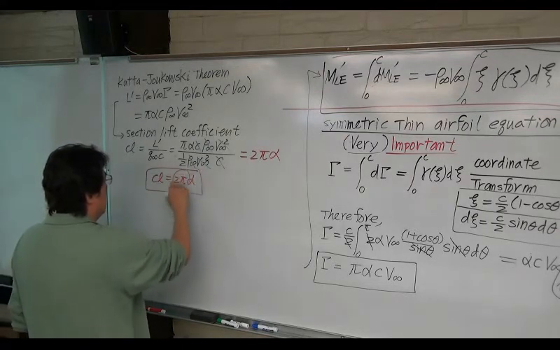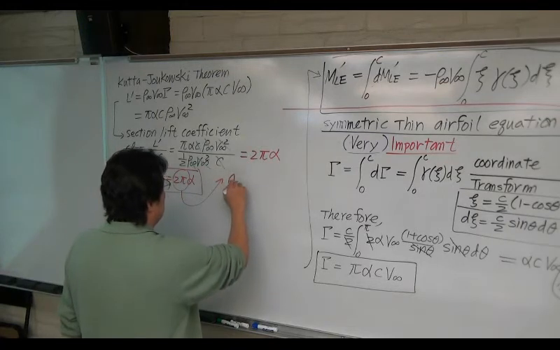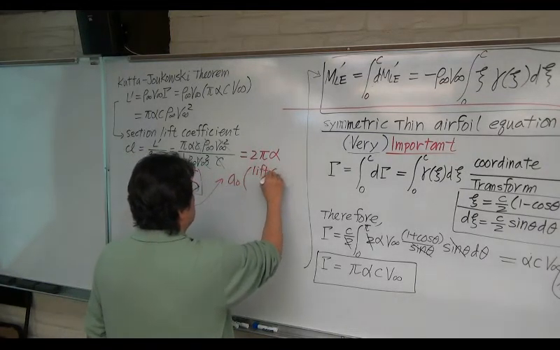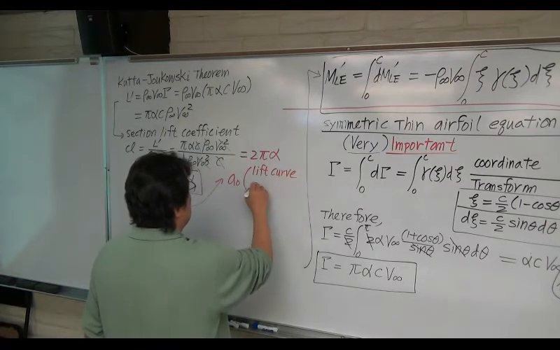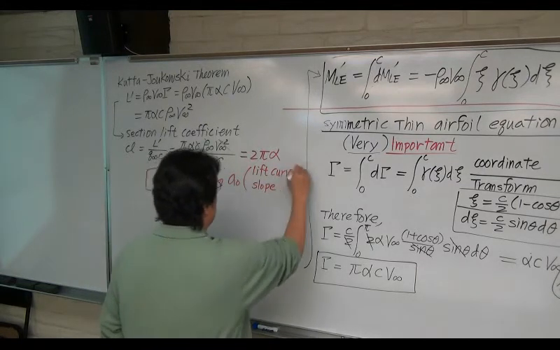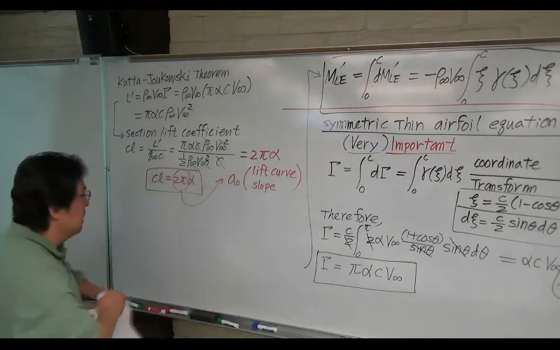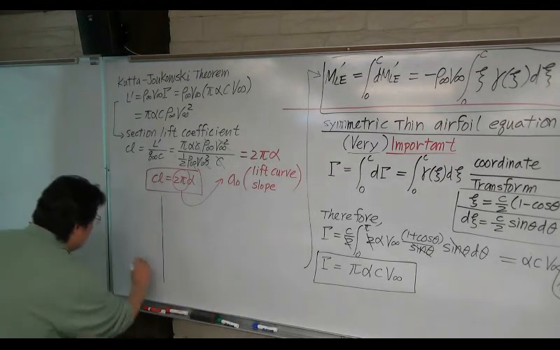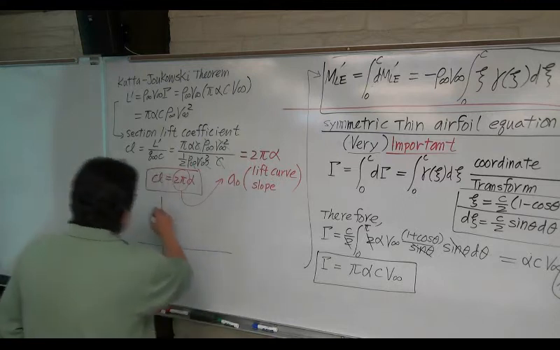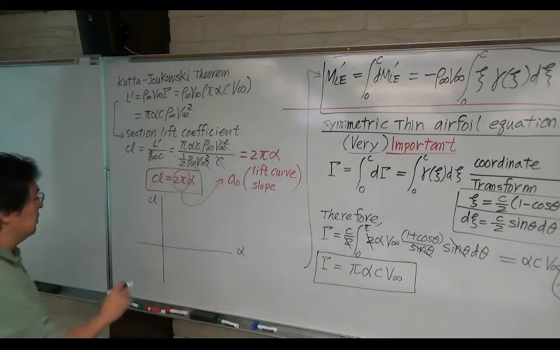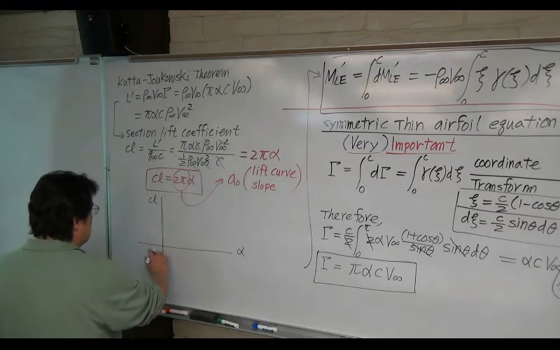What is this 2 pi? This is called a0, which is the lift curve slope. What is lift curve slope? Do you guys remember? I hope you guys remember. If you plot lift coefficient CL against alpha, this is a symmetric airfoil, so at zero angle of attack you have zero lift.